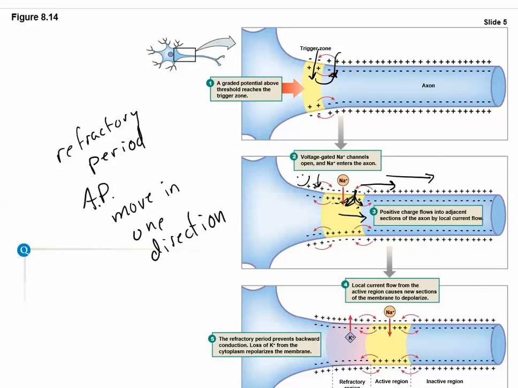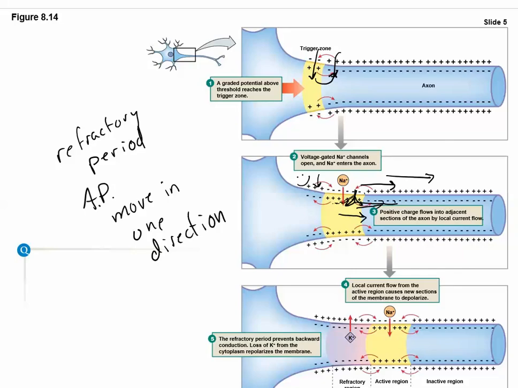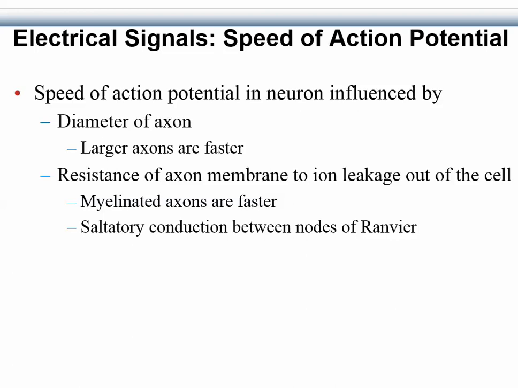So the only ones that are going to be affected by this depolarization are the ones in front of it. So we have sodium depolarizing, potassium repolarizing, and it just continues to move down the cell, down the axon. Hopefully you understand that, because that's what an action potential moving down that axon is. Depolarization, sodium rushing in, repolarization, potassium rushing out, one direction, the refractory period.